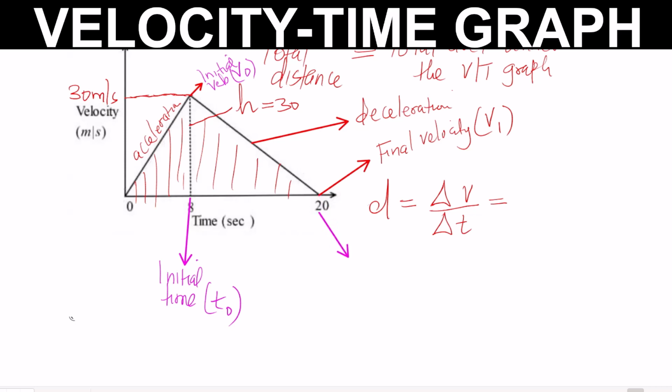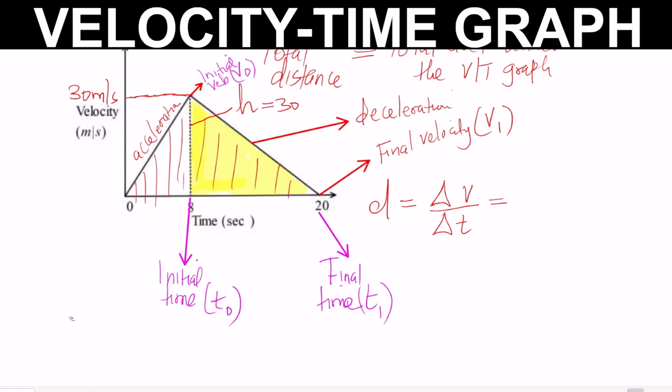Denote this one by t1. So we are considering only this part. It's important to understand this is the part where the speed is reducing, and you're going to consider this triangle. That is where deceleration is taking place. That is the part I've shaded in yellow.